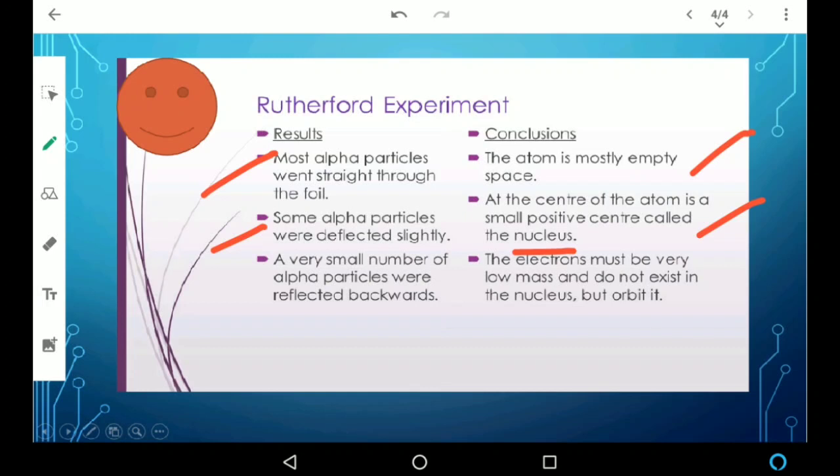And at last, a very small number of alpha particles were deflected backwards, and therefore the electrons must have very low mass, and they do not exist inside the nucleus, but they carry an orbit where they rotate around the nucleus.